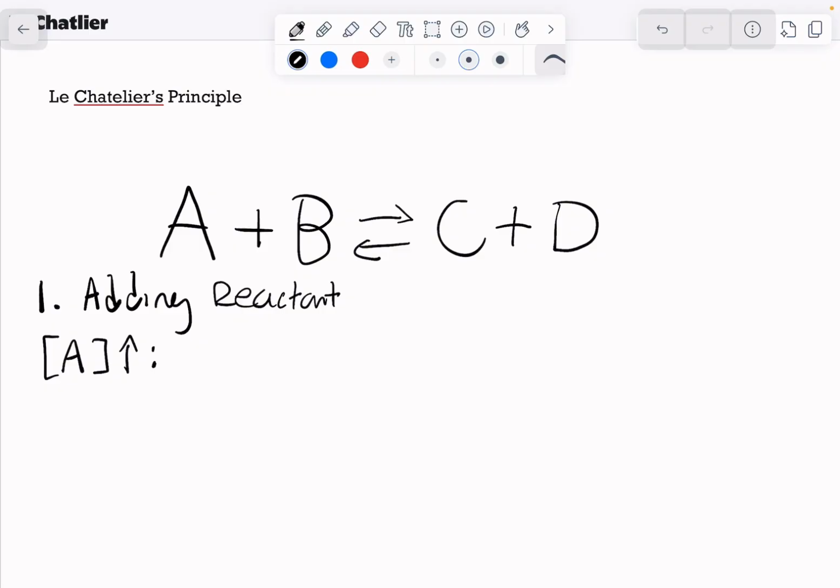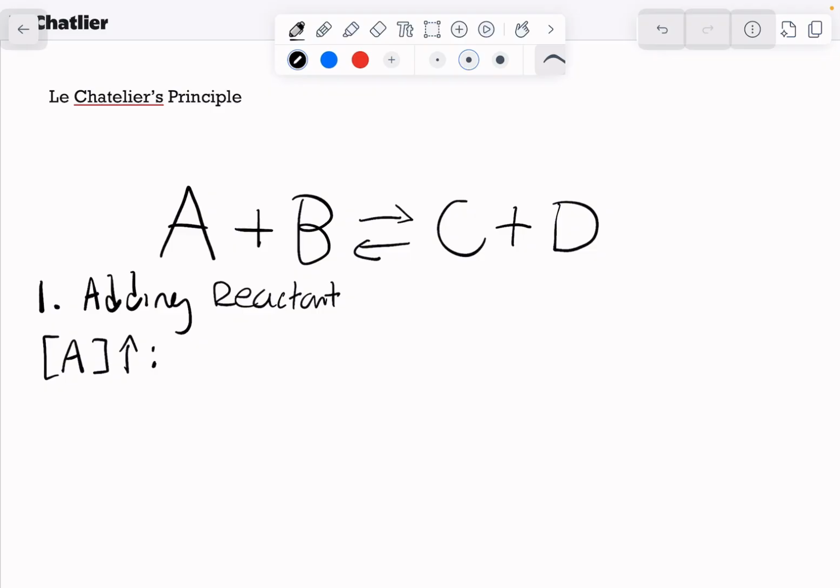Well, whenever you increase the concentration or you add a reactant to a system, Le Chatelier's principle states that the system will shift to the right, which means that more forward reactions will be happening instead of reverse reactions temporarily, okay? This is due to the fact that we're adding more reactant, right?